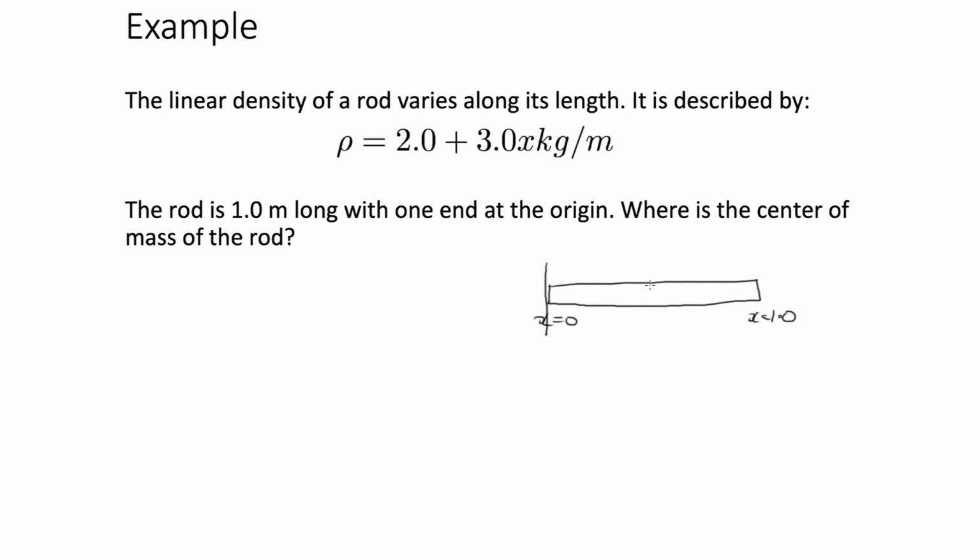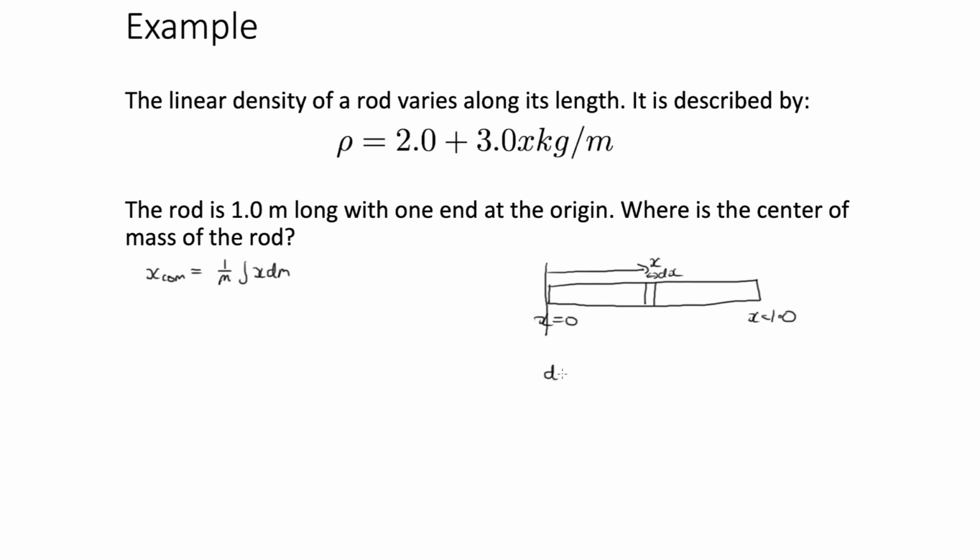So if we want to work out how much a little increment here at a distance x from the origin, with width dx, contributes to the center of mass, then we'll need to use that x for the center of mass is equal to 1 over m times the integral of x dm. So we'll need an expression for dm in terms of x. dm physically means, how much does this little component dx weigh?